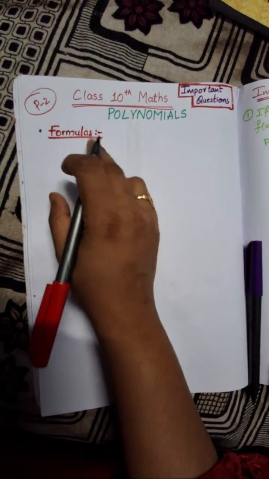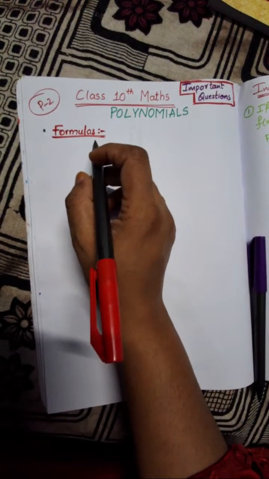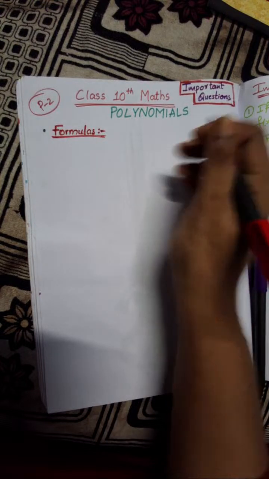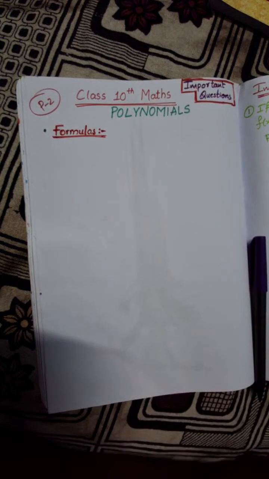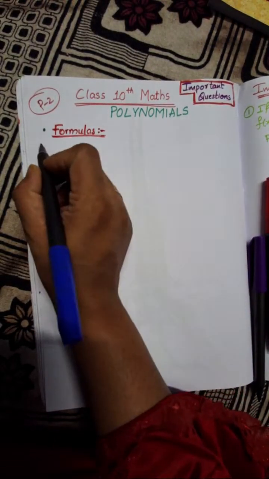Okay, first of all, Class 10th Maths, polynomials chapter. What are the formulas we are going to use in these questions? The important formulas used in this chapter are these.